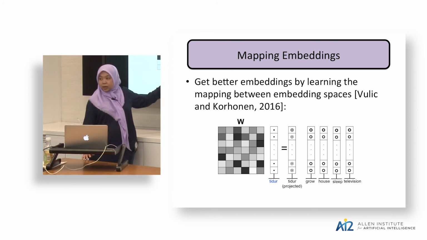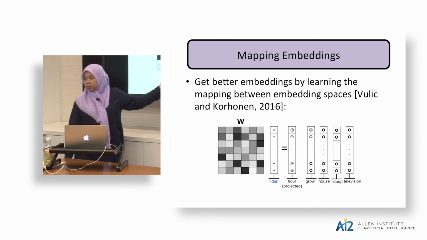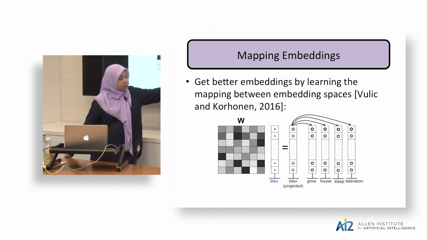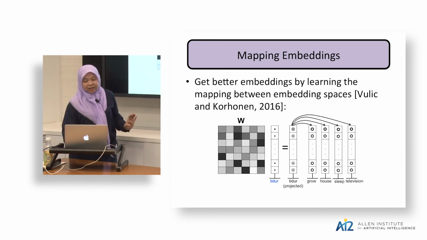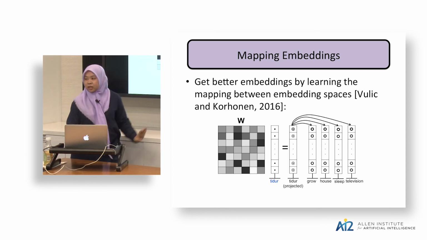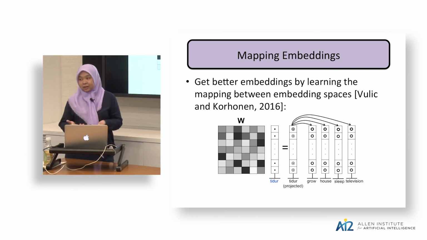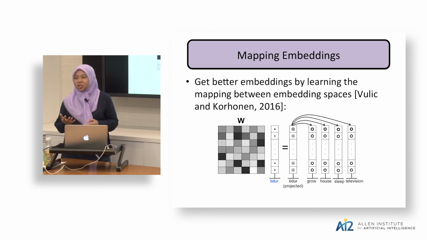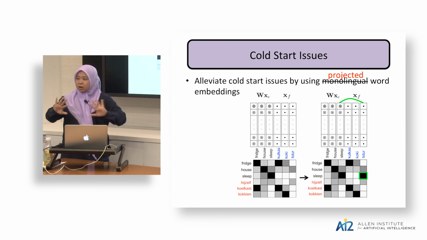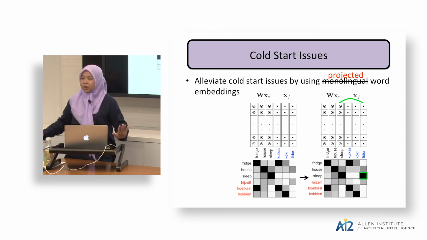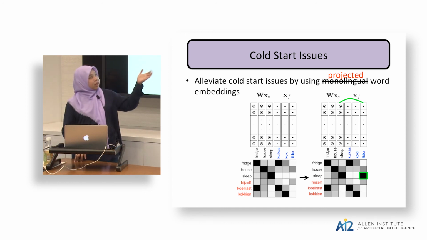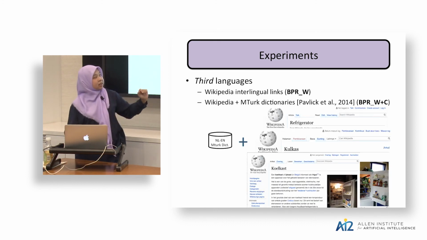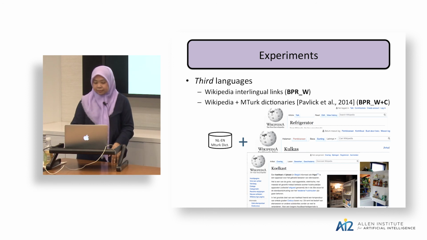Once we learn this W, given an unknown word with its word embedding, we can project it to the English space using the mapping and get the similarities in this projected space. And we find that this gives better translation than if we only use separate monolingually trained word embeddings. So instead of using the monolingual word embeddings, we learn the projected word embeddings and use them as our auxiliary signals for measuring translations.